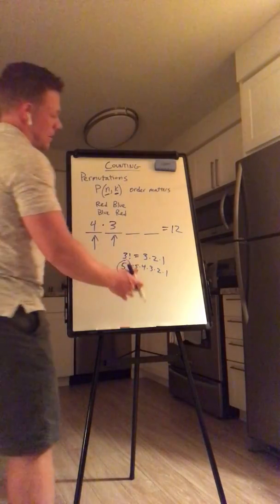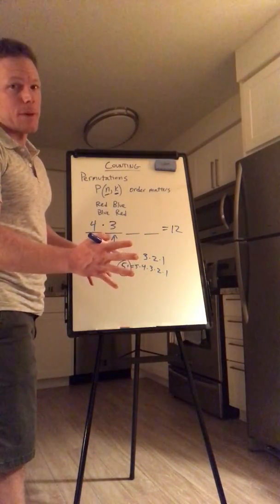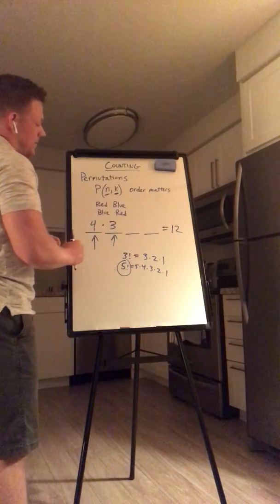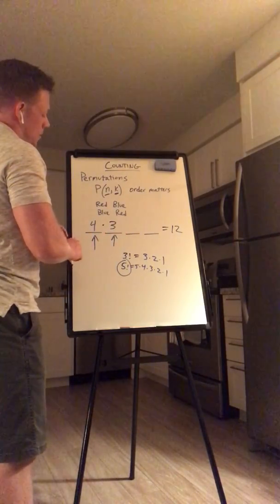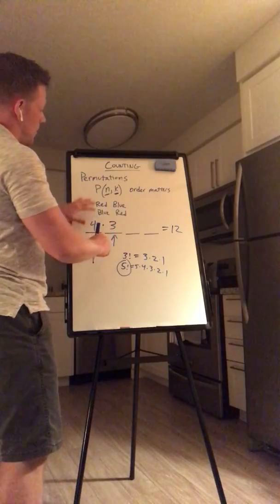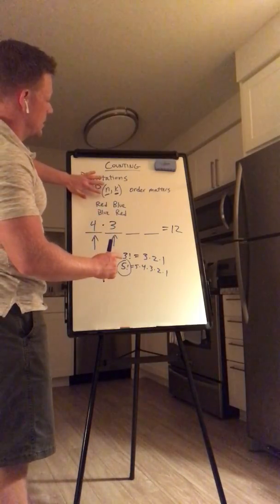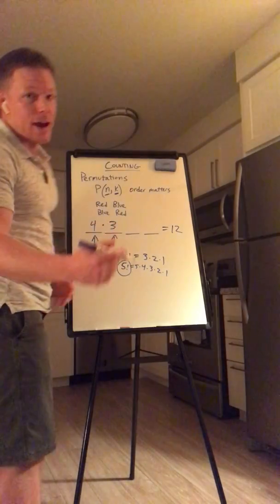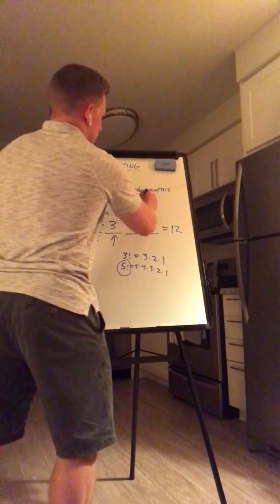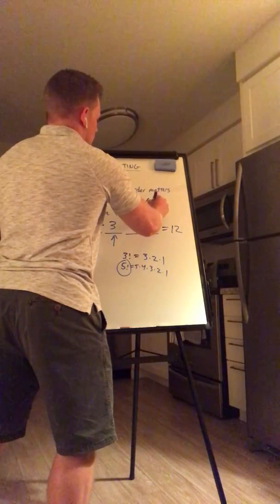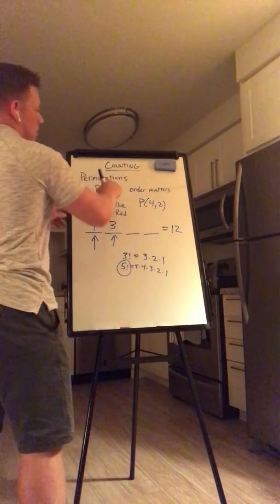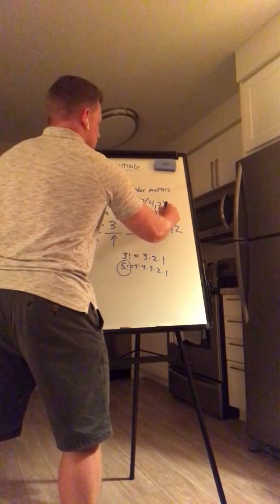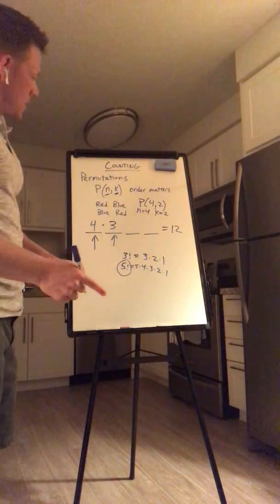I just wanted to explain that real quick to give you a background on factorials, but if we jump back up here to our permutation, what is another way of thinking about this? Because we want to generalize it for the case of n and k. In this case, where we were picking 2 out of 4 magnets, we were talking about the permutation of 4, 2. So n equals 4 and k equals 2 in the case of our magnets.